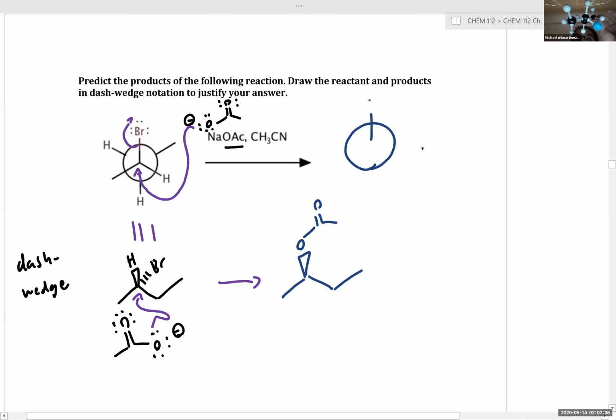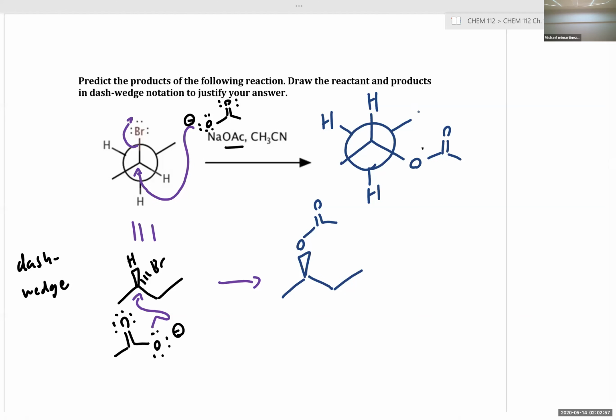So we have our hydrogen up top, our methyl on the left, our acetate on the right, our hydrogen on the bottom and the left, and our methyl on the right.